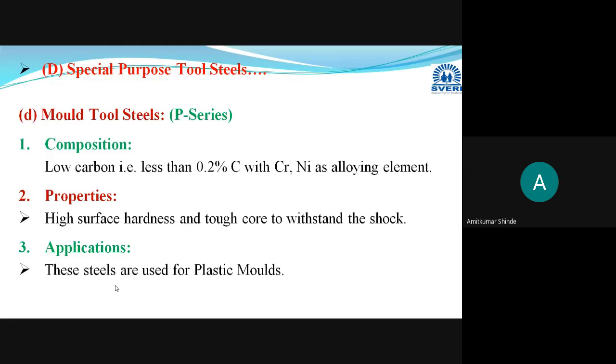That's why these are used for making molds used in manufacturing of different plastic components. Different molds are required for processing plastic materials, and for that these types of tools are used. That's why the name is mold tool steels. Low carbon steels with addition of chromium and nickel.